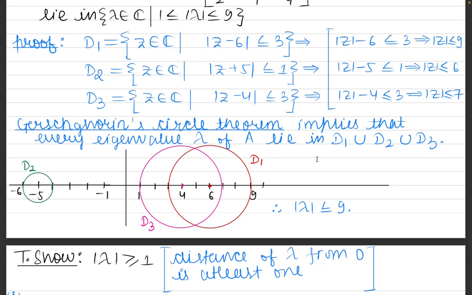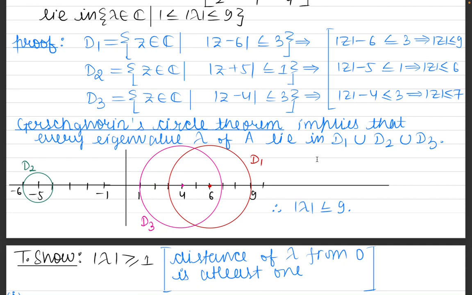Now how to prove? It remains to show that mod lambda will be greater than or equal to 1. You just use the reverse triangle inequality. It is clear from the picture, right? What is this mod?